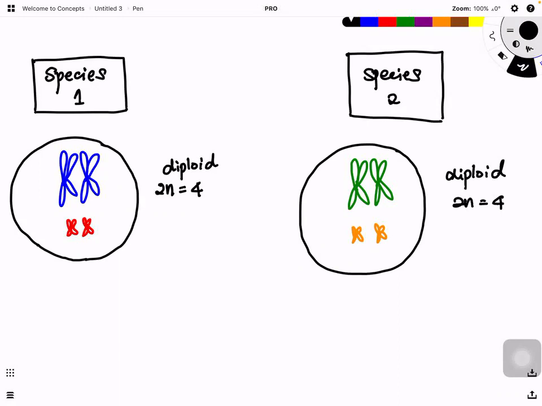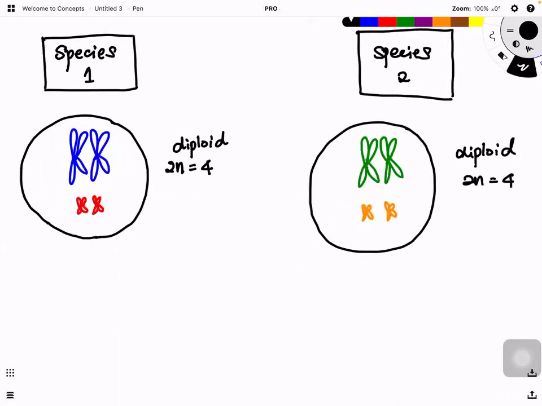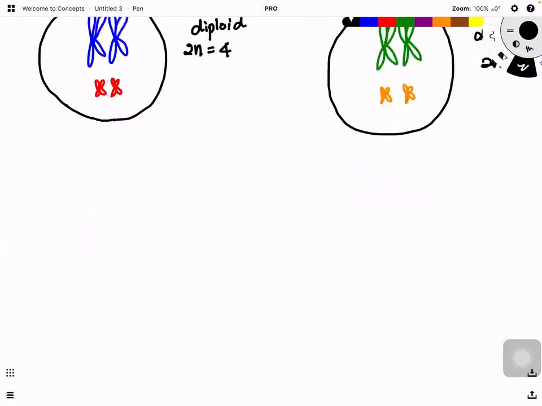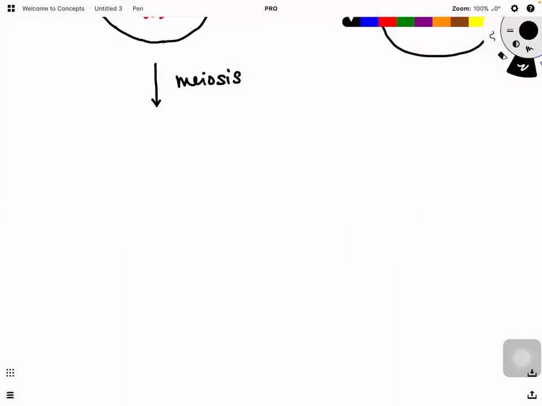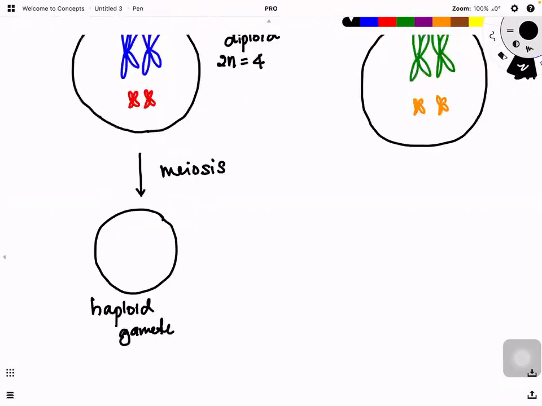Now, in this case, they carry out meiosis, no problem. So they complete meiosis. So now you know that if they complete meiosis, they are going to form haploid gametes. Normal meiosis, nothing special happened. So this is a haploid gamete, consisting of 1 blue and 1 red.